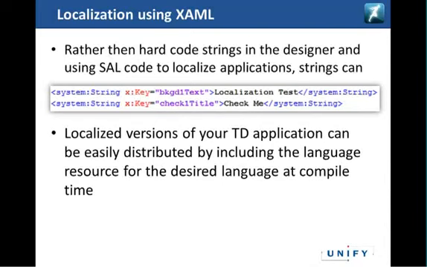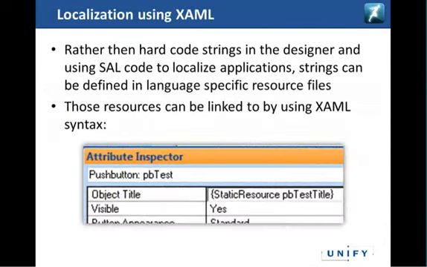So rather than hard coding string values into object titles, you can instead use XAML syntax to reference key value pairs in your XAML resource files. If you look at the attribute inspector here, the screenshot, rather than hard coding an English value in the push button title, I'm actually going to use a XAML markup extension which will pull in a value from a resource file.